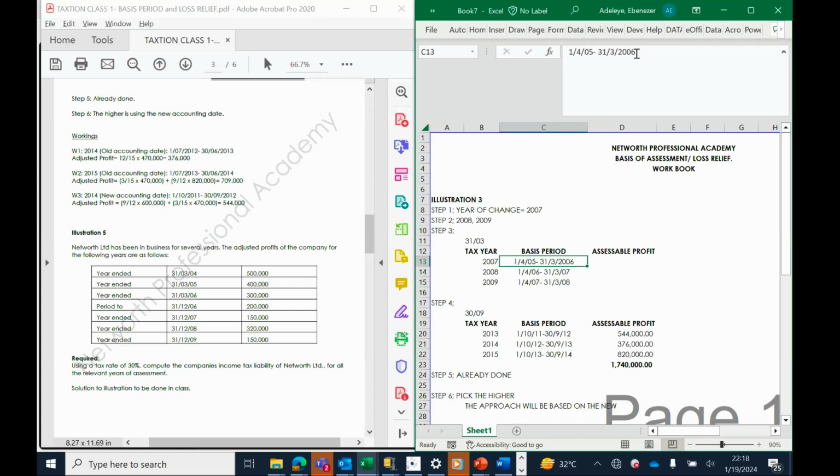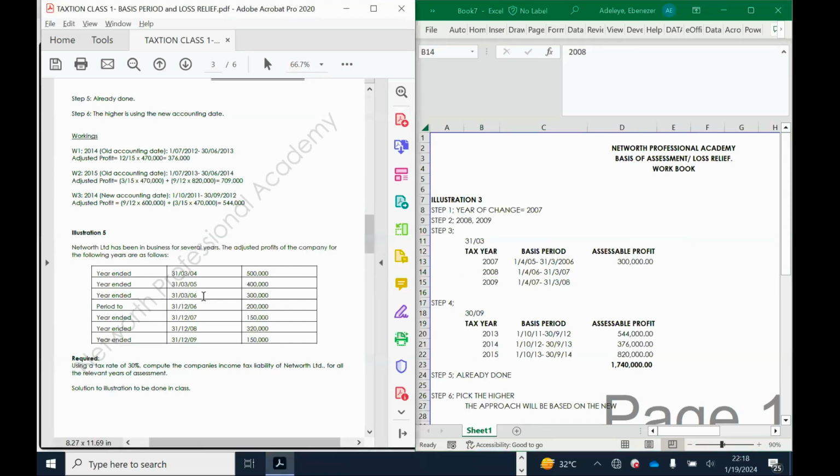So for 2007, which is 1st of April 05 to 31st March 06, that one is straightforward. We can see it's 300,000. For the next one, 1st April 06, that will be immediately after this to this.